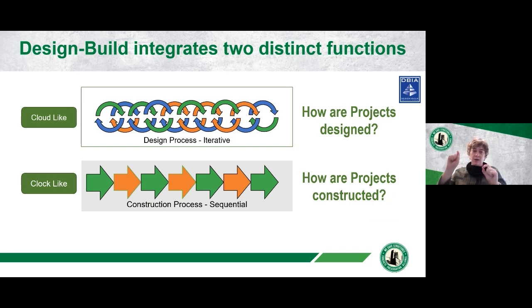That iterative process in design needs to get married up with the sequential approach of construction. A key way to do that is making sure there are certain commitment milestones, and it's understood when a design has sufficiently progressed that it can be considered complete for certain work packages, to allow those early work packages to get moving forward. Next slide.